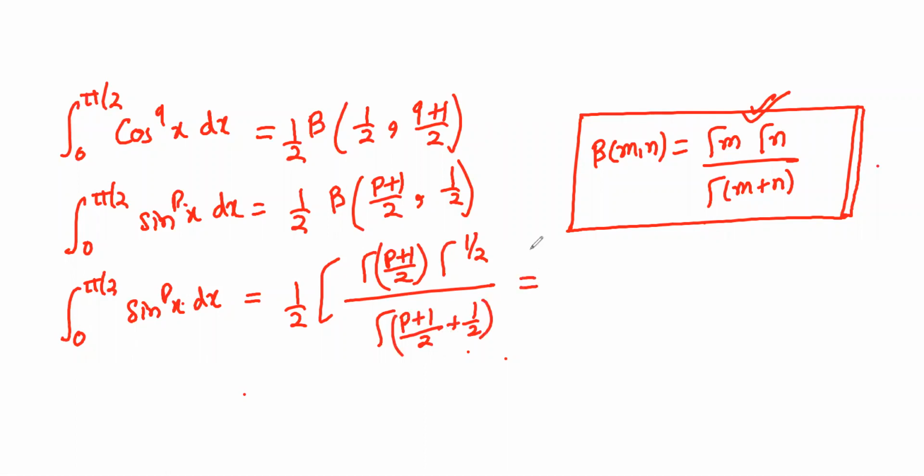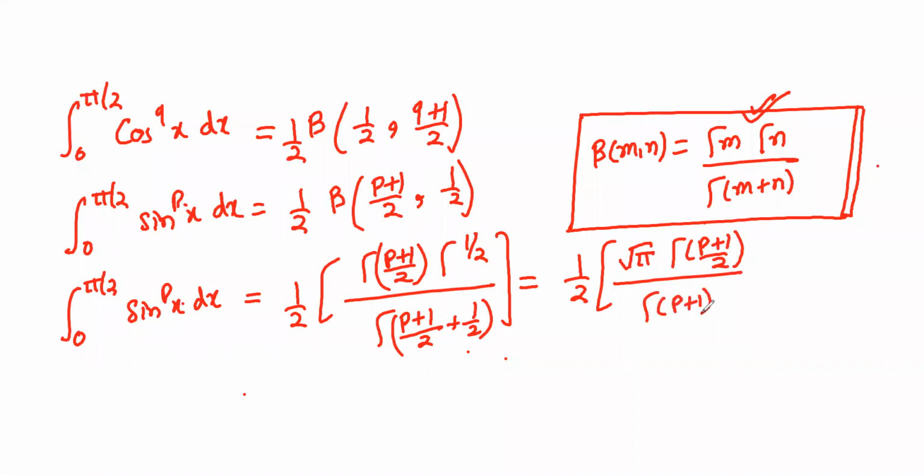So I can write it, 1 by 2 will come out. This gamma 1 by 2 is under root pi. We have seen this is gamma((p plus 1) upon 2) divided by gamma(p plus 1)... sorry, it is gamma((p plus 2) upon 2).